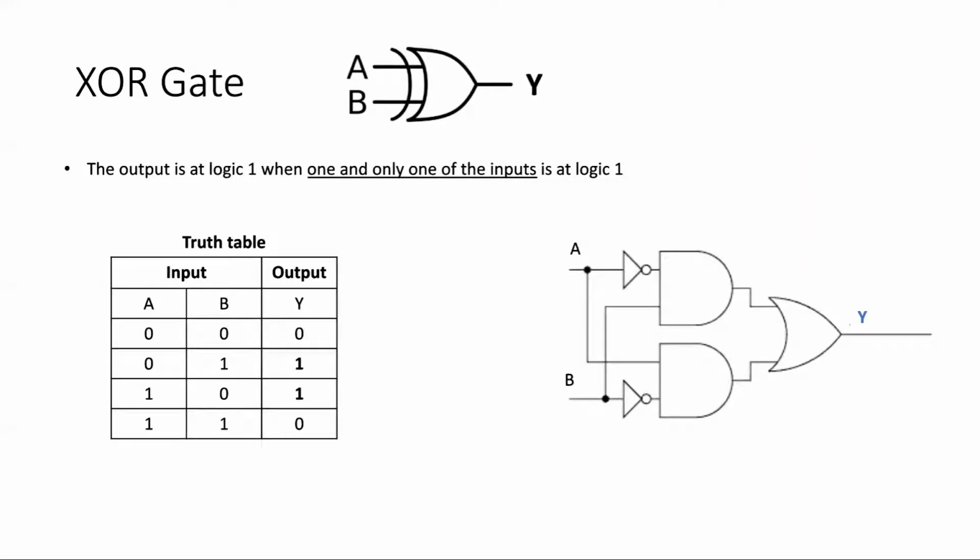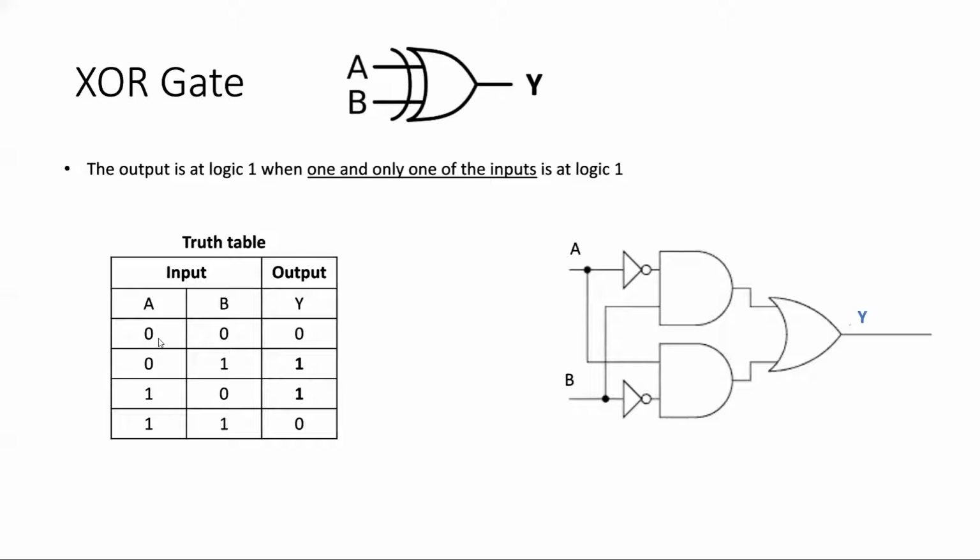The next gate, which is used very often, is called XOR gate. In XOR gate, the output is at logic 1 when one and only one of the inputs is at logic 1. So you see here, it's a bit special. The output is 1 when just one of the inputs is 1. When both of them are 1, the output is 0.